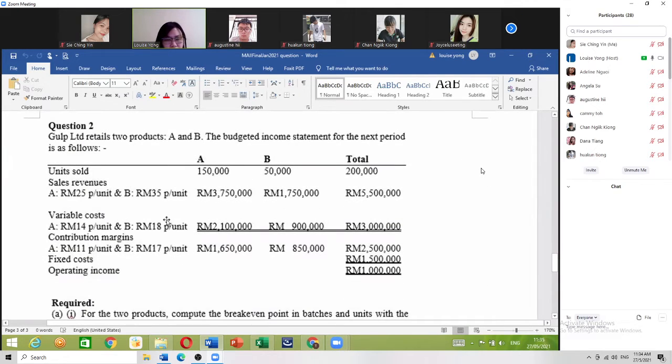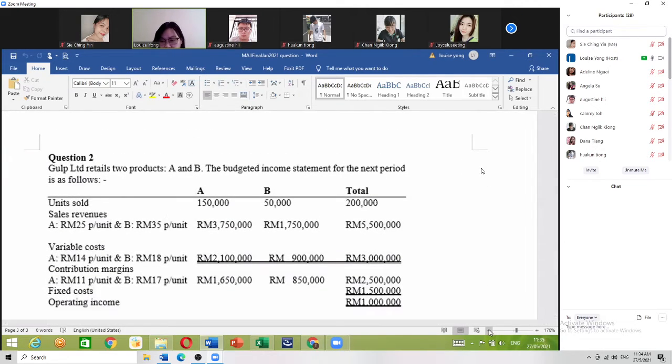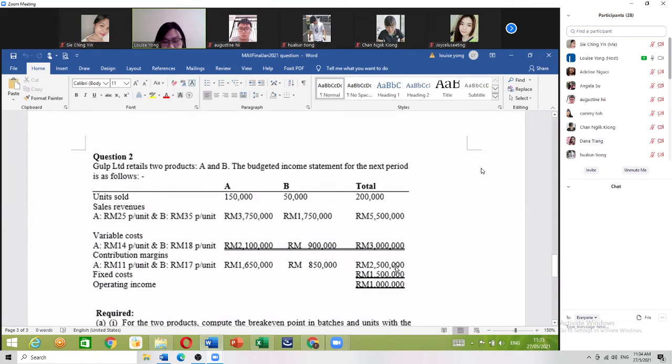Question 2. 看这题啊, question 2. This company retails two products, A and B. The budget income statement for the next period will be as follows. A, units sold 115,000 units.